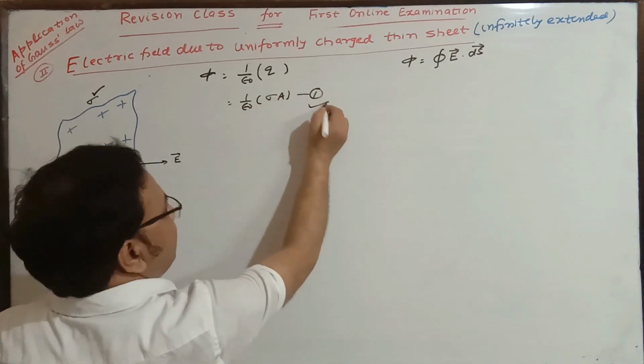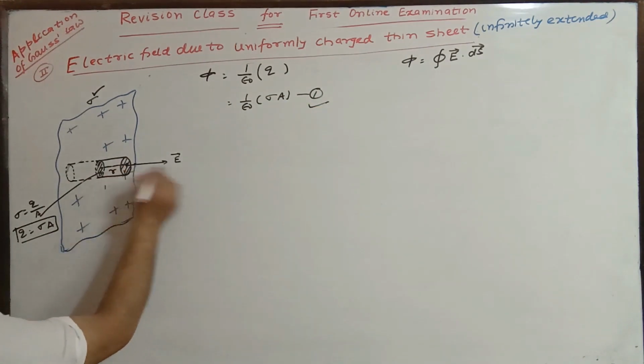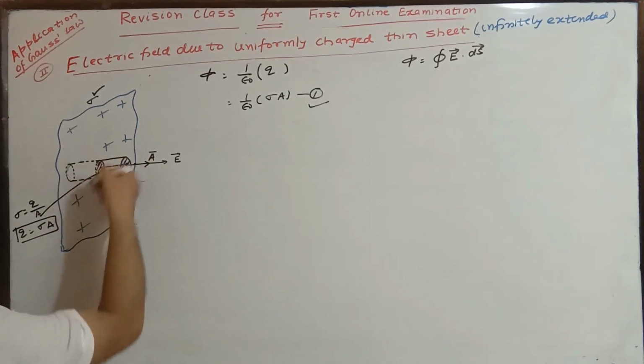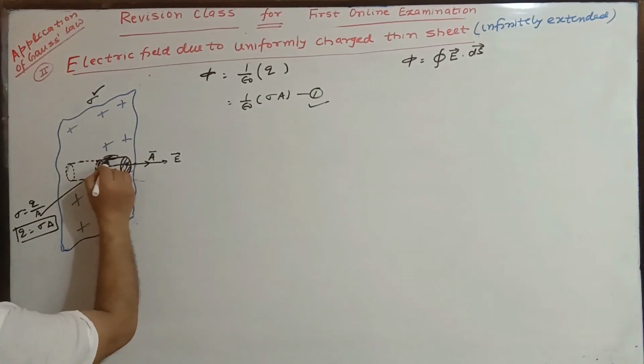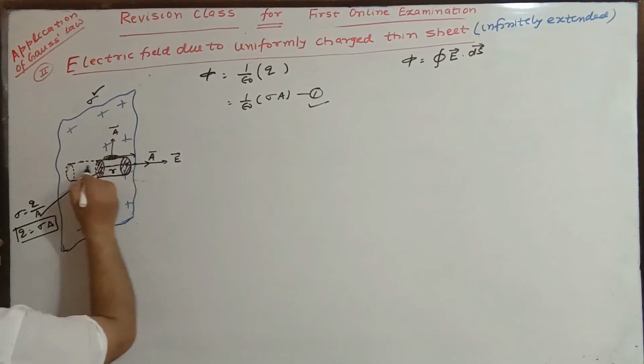So the first equation is determined. Now we are going to find the electric field. The electric field here is in this direction. For this flat cap, the area vector is in this direction. For the curved surface, whether on this side or that side doesn't matter: the area vector is always normal, and the electric field on this side is rightward, on this side leftward.